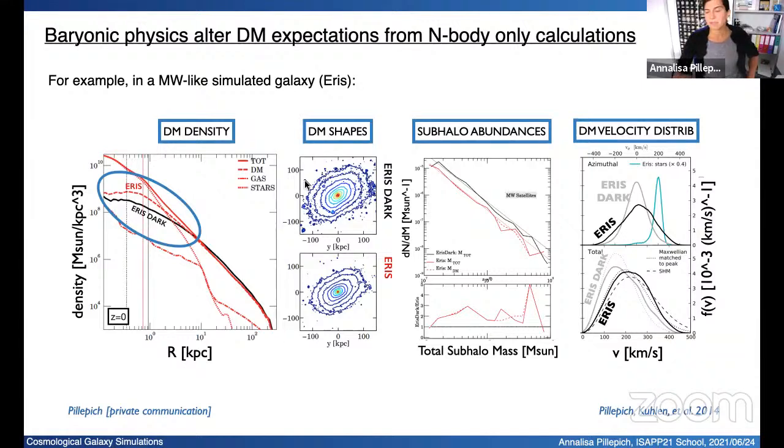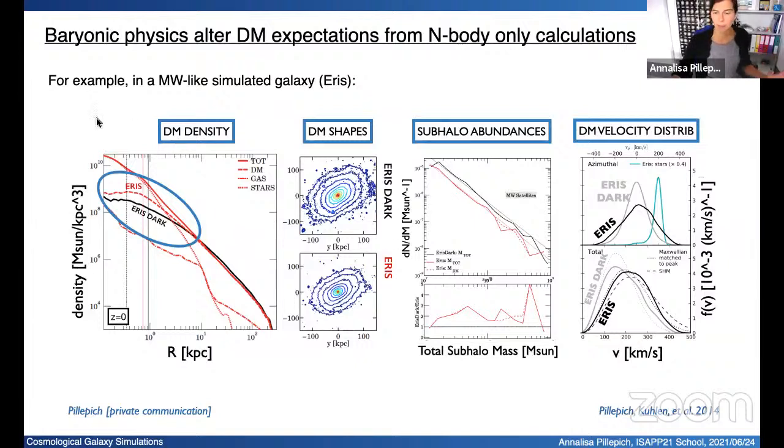But for the past 10 years, people have realized that as soon as you put in gas and galaxy physics, predictions for the phase-space properties of dark matter are different from the ones you obtain from N-body or gravity-only calculations.